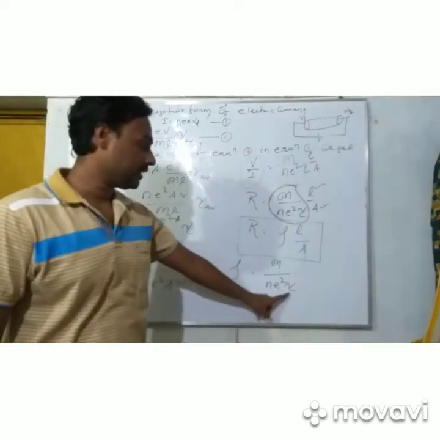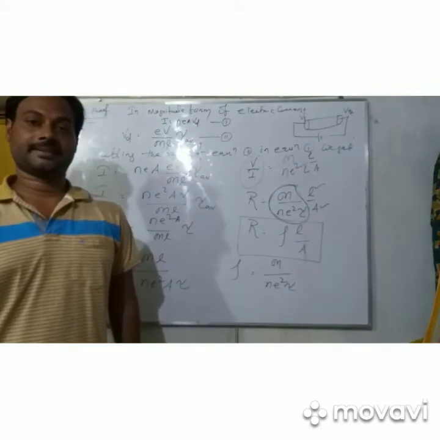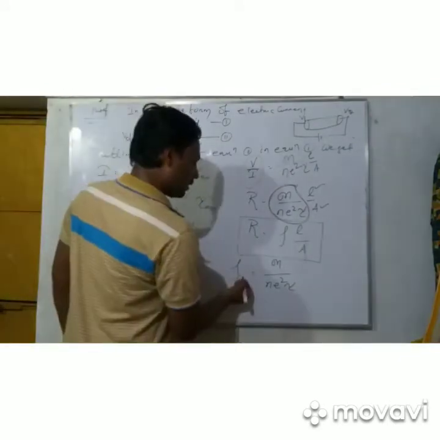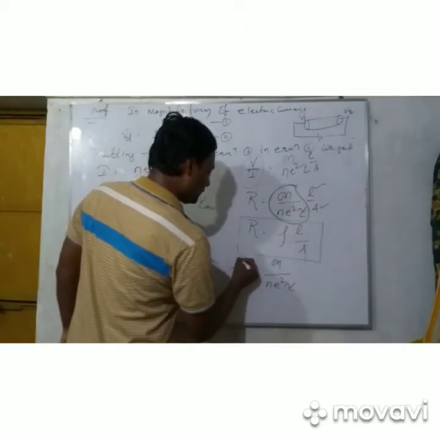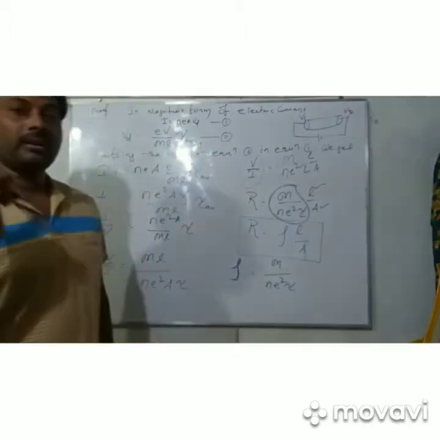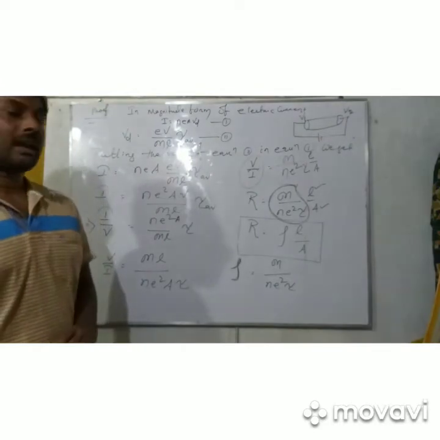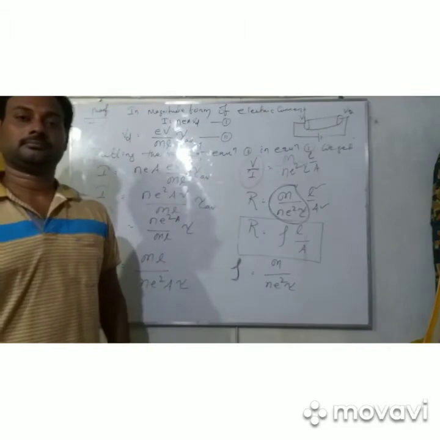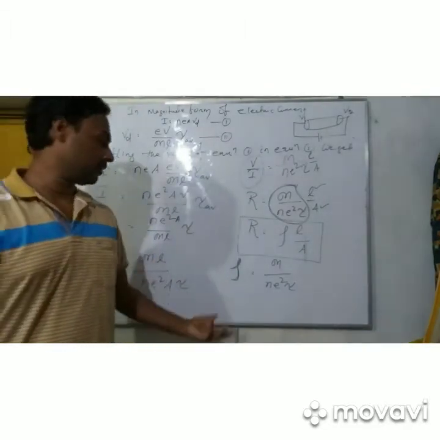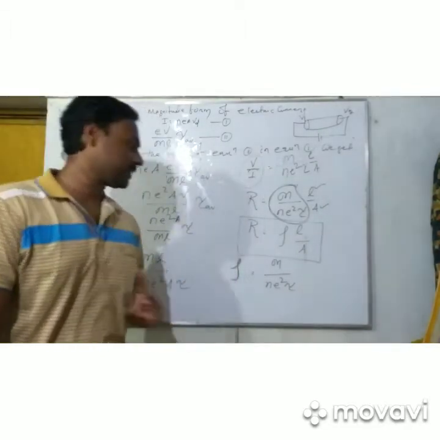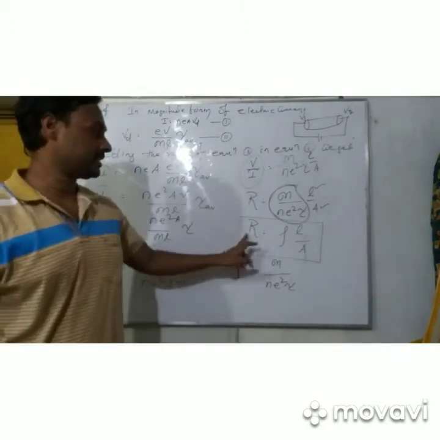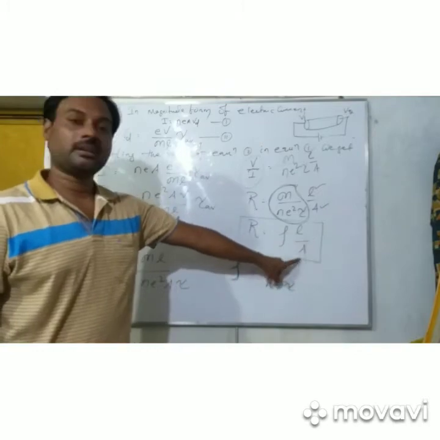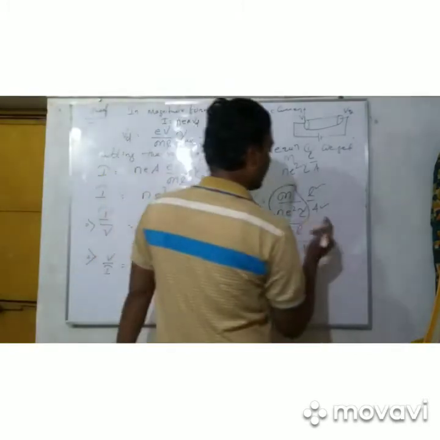Clear? Their relaxation time decreases. So resistivity of the material depends only on temperature, and also depends on the material. Which type of material you use, that determines the resistivity. But resistance depends upon the length of the conductor, the area of cross section, and also temperature.